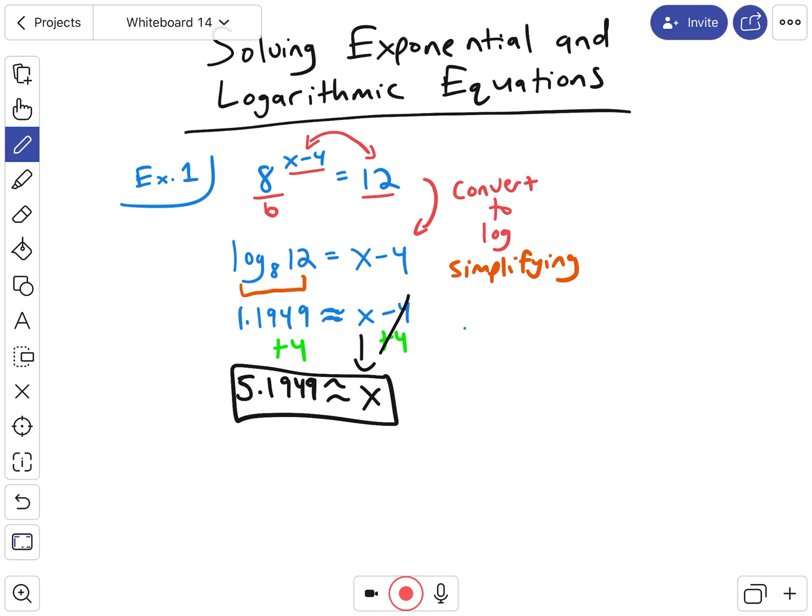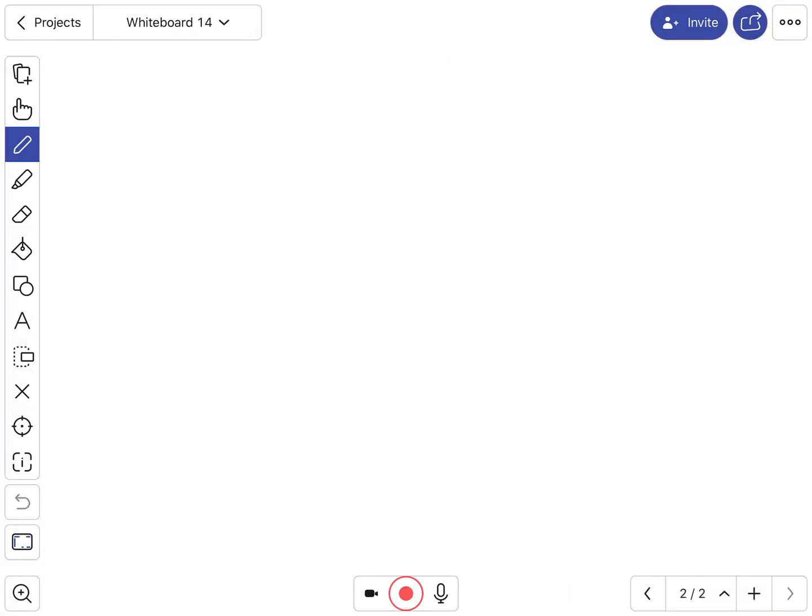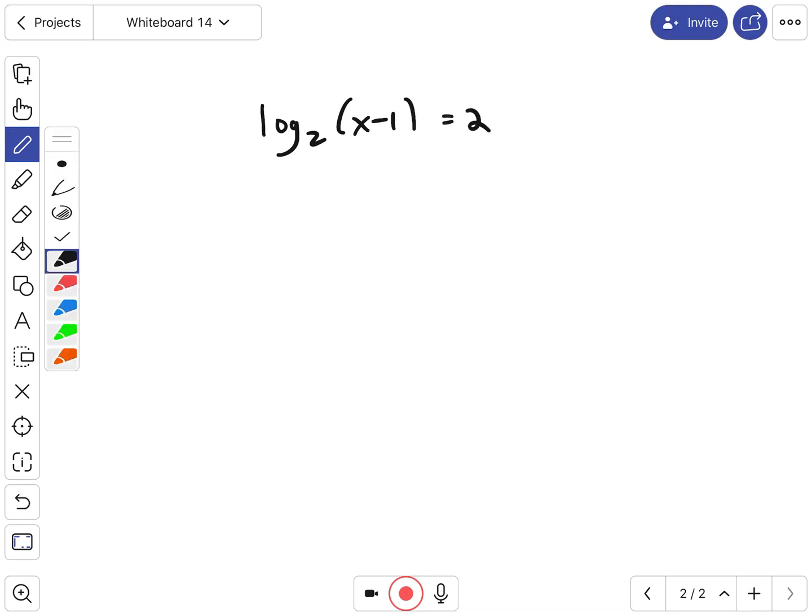Let me give you another example. If you were to do something with logs, let's say log base 2 of x minus 1 equals 2. Again, you have the base, this number, and the other number.